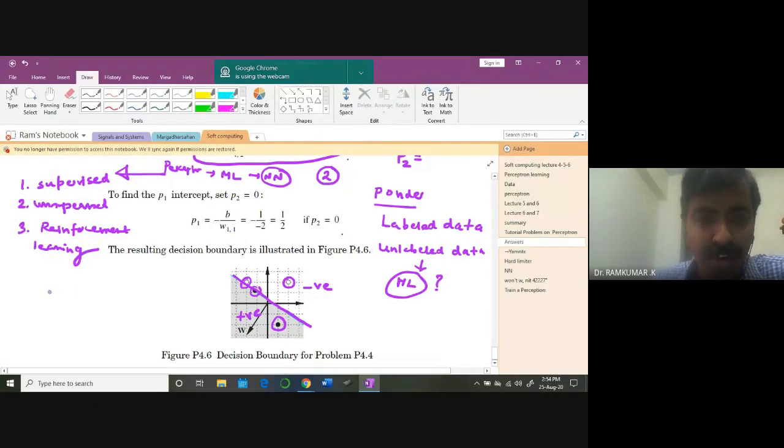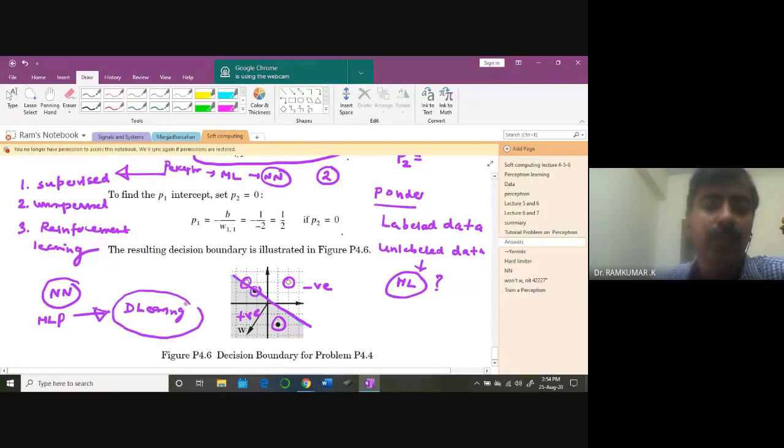We can extend this neural network idea, the multi-layered perceptron, to a very powerful algorithm called deep learning, wherein the network itself will learn from data. For example, if you give an image without labeling it, over a period of time it will be in a position to identify the image as a cat or dog.